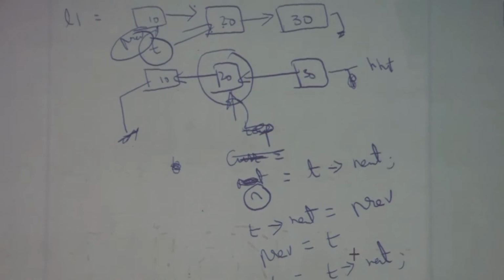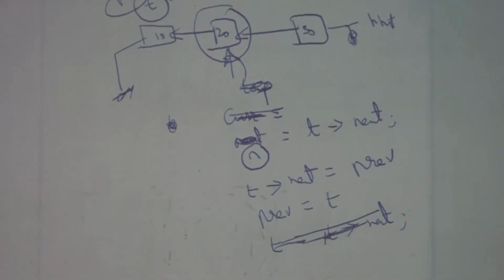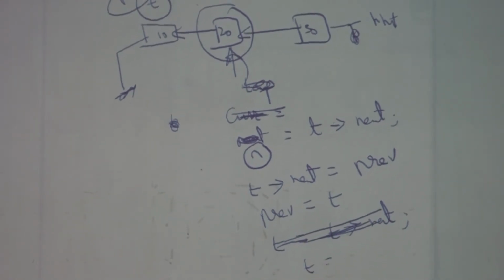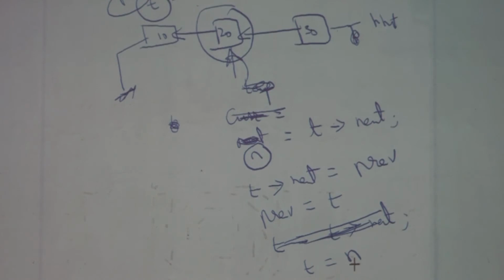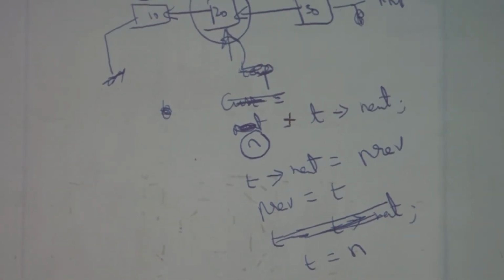Oh, I forgot, T's next has already been changed, so sorry. T is equal to N. Yeah, T is equal to N. And I keep doing it till T's next is not equal to None, till I reach the last one.